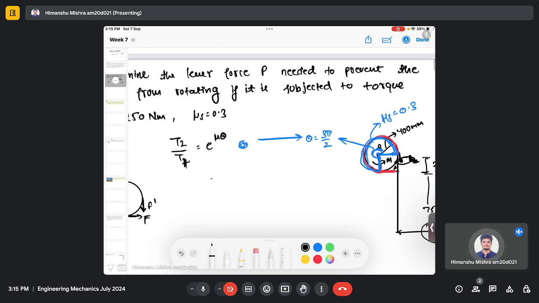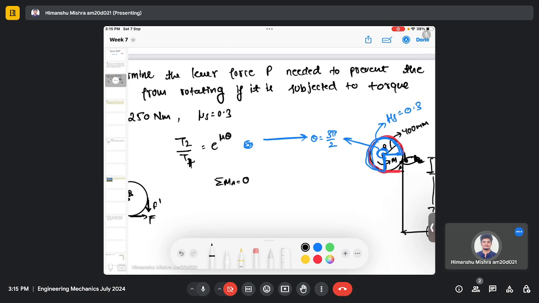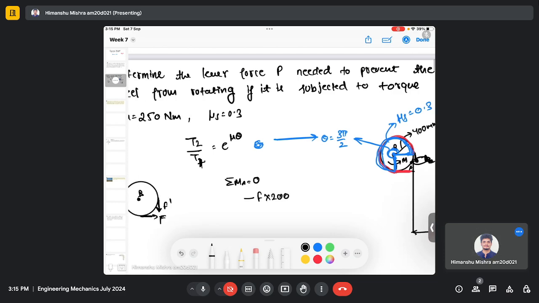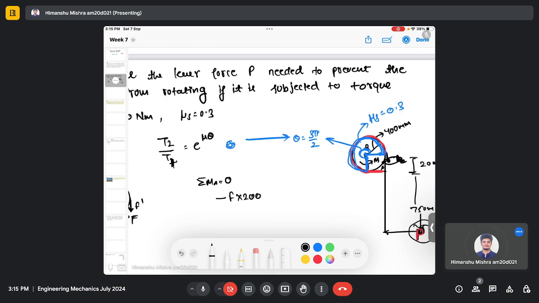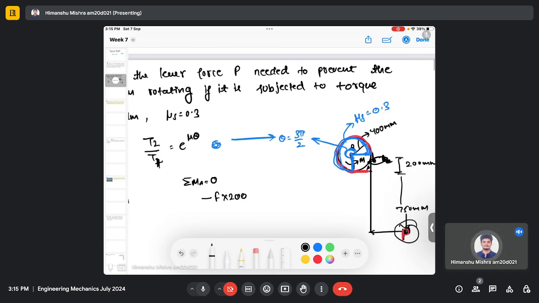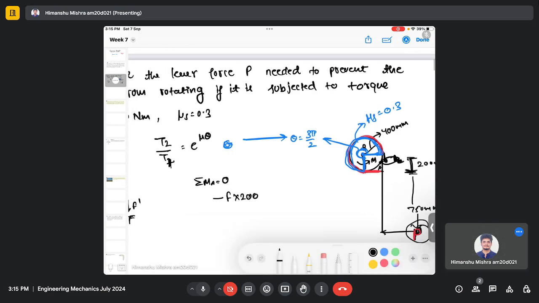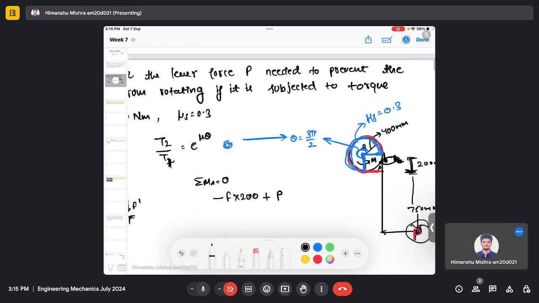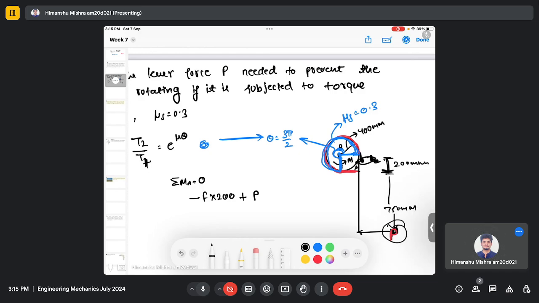If I take the moment about point A, I will have force F multiplied by 200, because the perpendicular distance is 200 millimeter from point A to the force F, plus P times 950 millimeter equals 0.